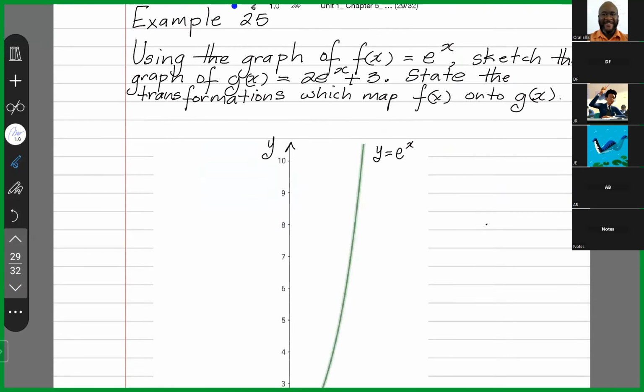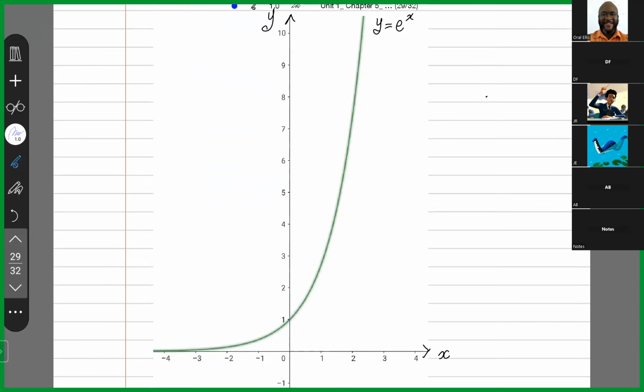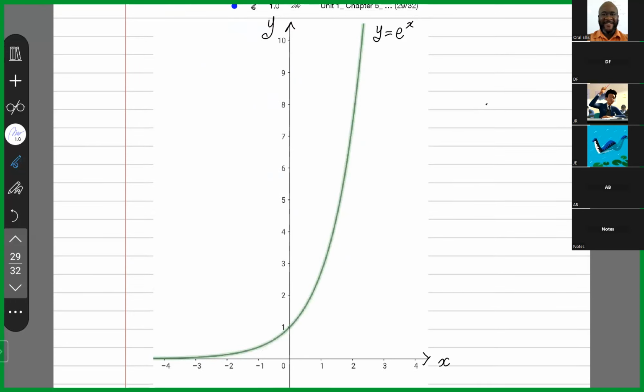Moving on. In this example, using the graph of y is equal to e to the x, we're to sketch the graph of y is equal to 2e to the x plus 3. All right, well, the graph of y is equal to 2e to the x, let's say I'm putting that in blue, would look something like this.